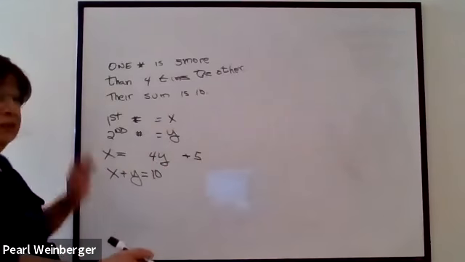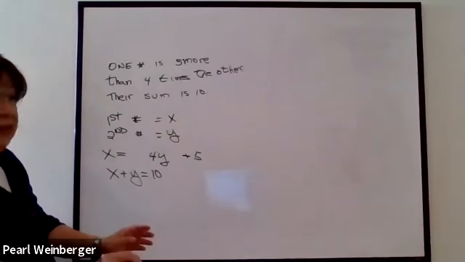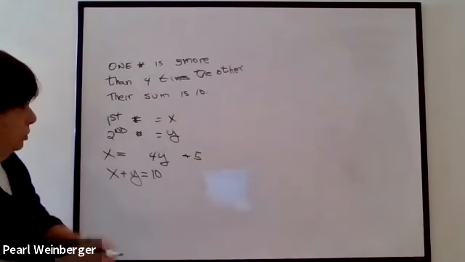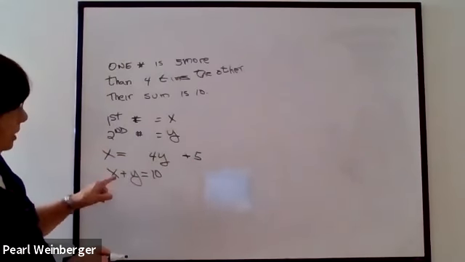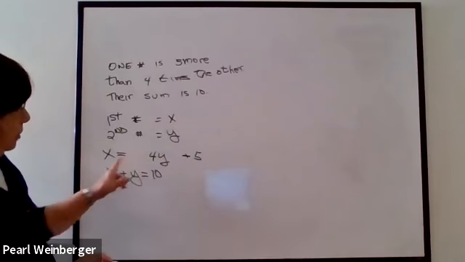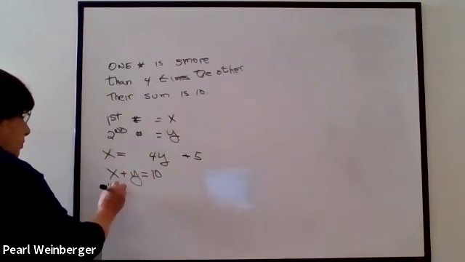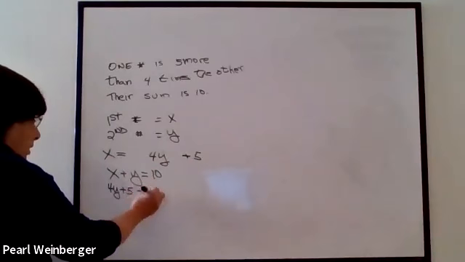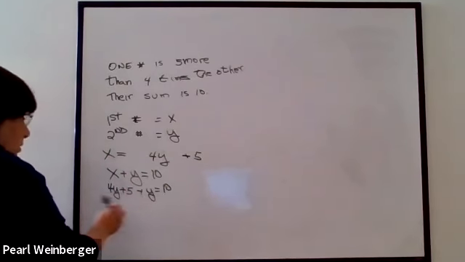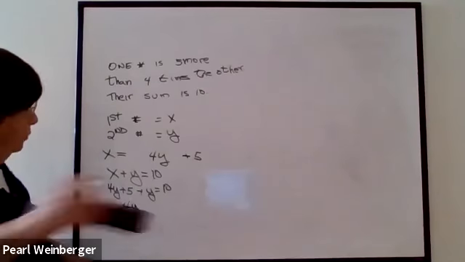And once we have a system of equations set up, we can solve it and we will find the answer to our question. Notice this looks like a good setup for substitution. In place of the x in my second equation, I'll put 4y plus 5. So I'll do 4y plus 5 plus y equals 10. Combining the like terms, 4y plus y is 5y.